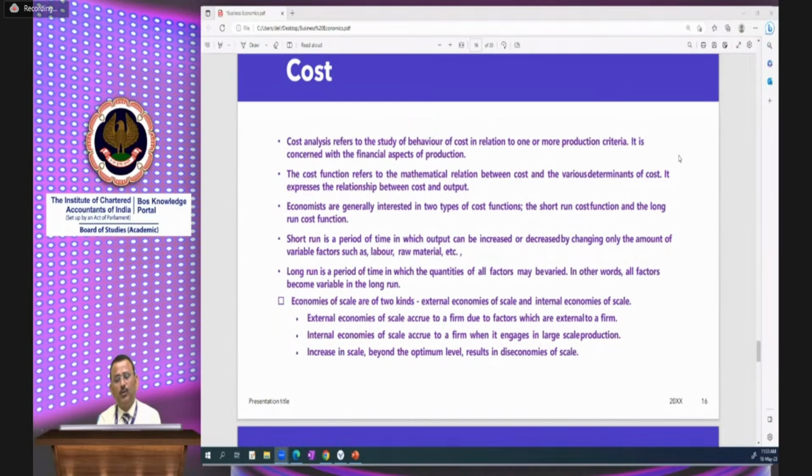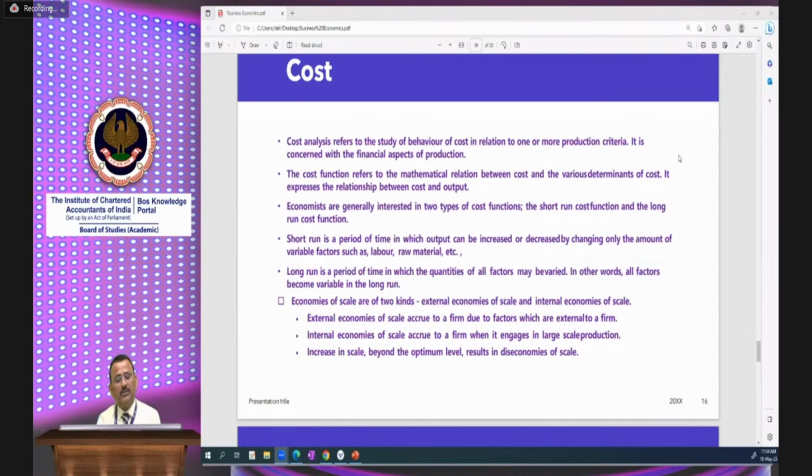There are two cost functions: short-run cost functions and long-run cost functions. The distinctions have already been given in your syllabus; I'm just briefing you. The short run is a period of time in which output can be increased or decreased by changing only the amount of the variable factors, while in the long run, the quantities of all the factors can be varied.